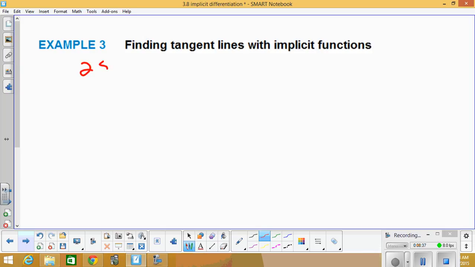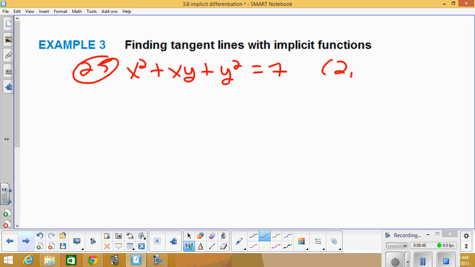So we're going to do number 25 from homework, which is x squared plus xy plus y squared is equal to 7 with the point (2, 1). So just finding the derivative of this implicitly and then the slope, we can then find the equation of the line in part B.